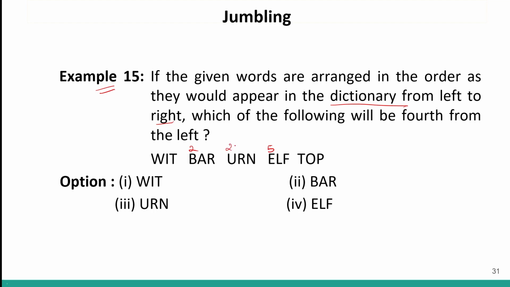U is 21, W is 23 and T is 20. So if I write them in dictionary order, it will be bar, then elf, then top, then earn, and then wit, correct? Then we have to find out which of the following will be fourth from the left. So this is left, fourth, 1, 2, 3, fourth. So earn will be fourth from the left. So our answer will be option number 3, earn.